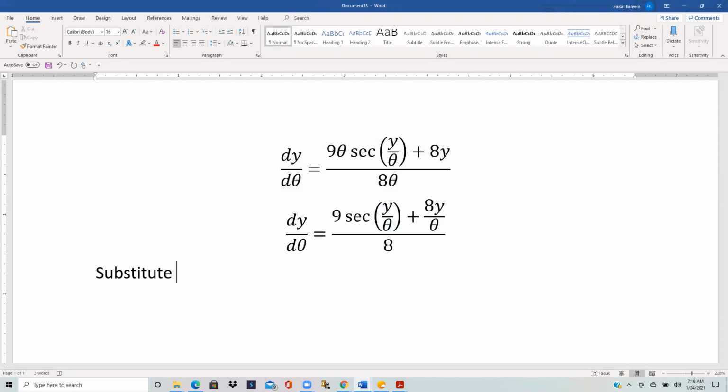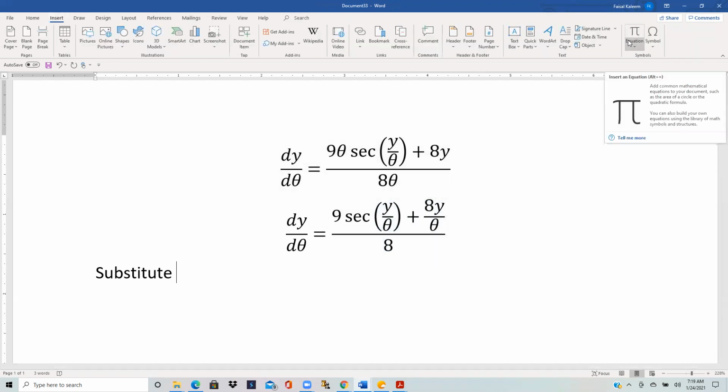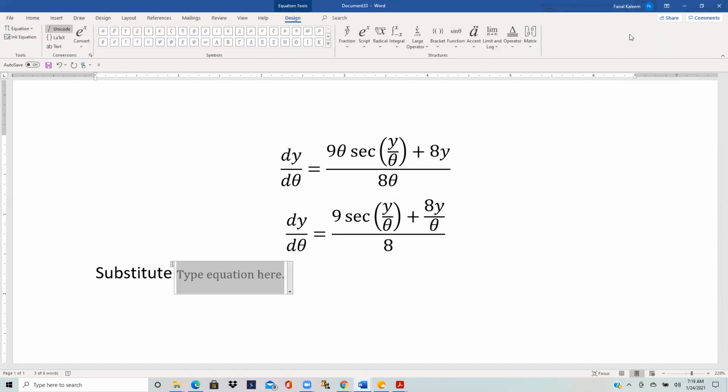There I told you in case of dy over dx, we were doing y is equal to vx. So here you would do y is equal to v theta.